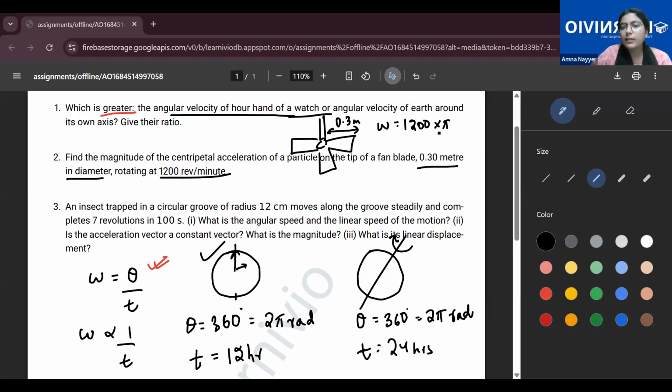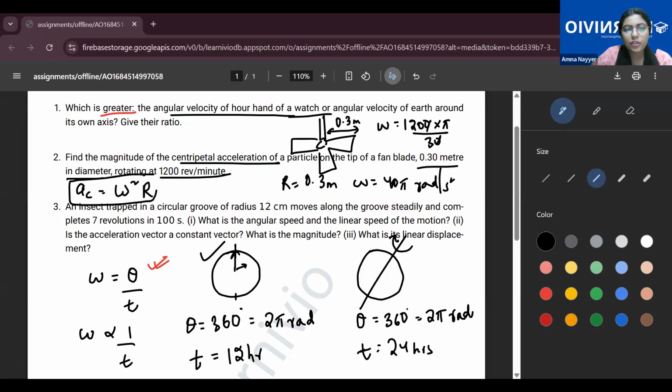I have told you to multiply by pi by 30, so this makes it 40 pi. So radius is equal to 0.3 meter, while the angular velocity is equal to 40 pi radian per second. Now it says calculate centripetal acceleration. Centripetal acceleration is omega square into r. Use this formula. Omega is here, r is here, omega square r.